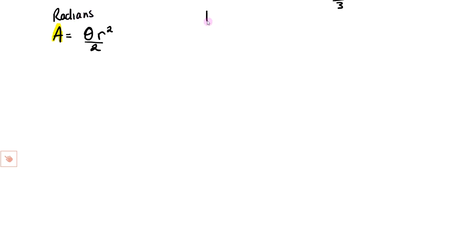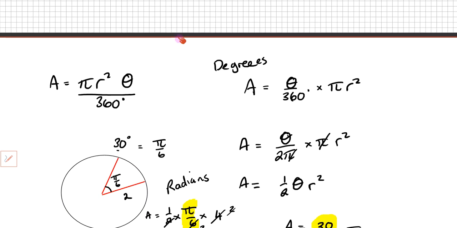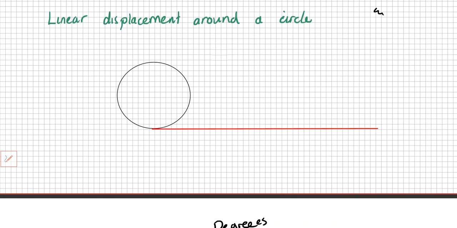Ethan, what's the formula in degrees that you're still using? It is theta over 360 times pi r squared. Okay, so that's area.